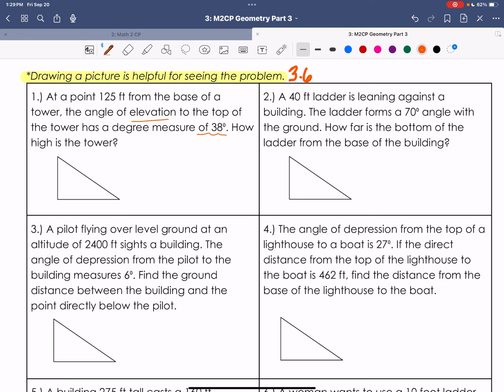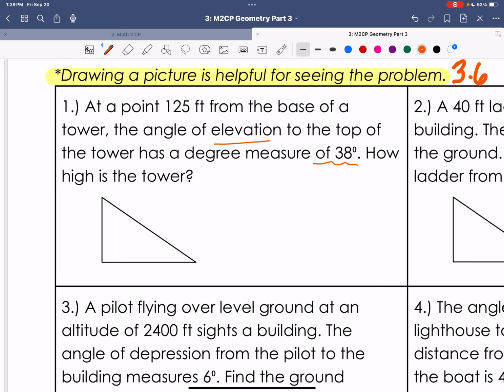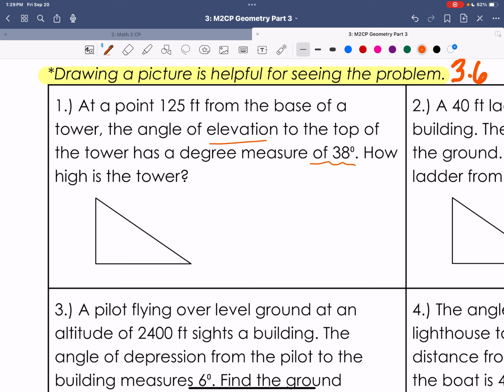So if I were to look here at this first one, we want to know, 38 degrees is the angle of elevation above the horizontal line. So this is your horizontal line at the bottom. So the angle of elevation is there. And it says at a point that's 125 from the base of the tower.